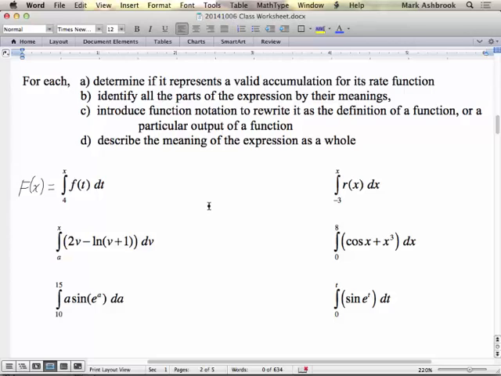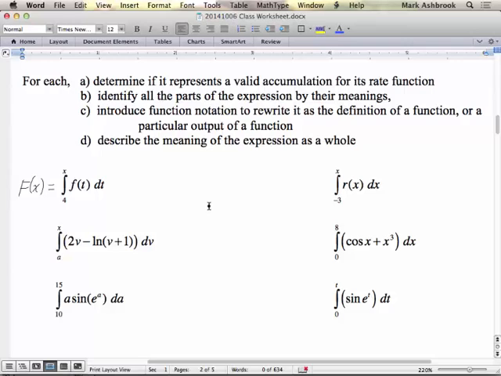The next one is northeast of... Well, it's a valid function, but it won't do what we want it to. That's right.